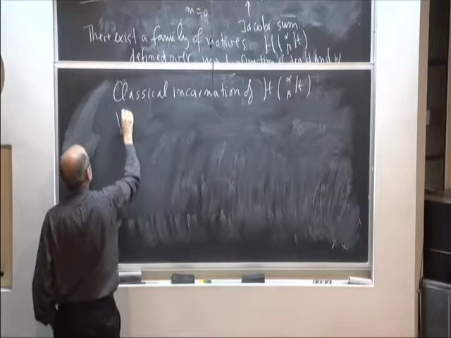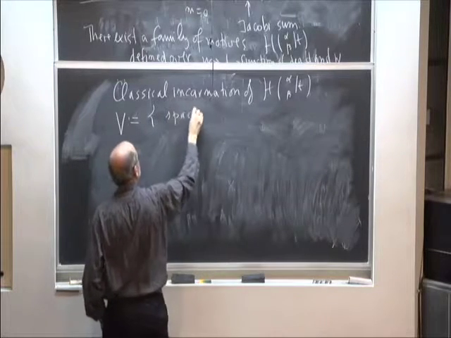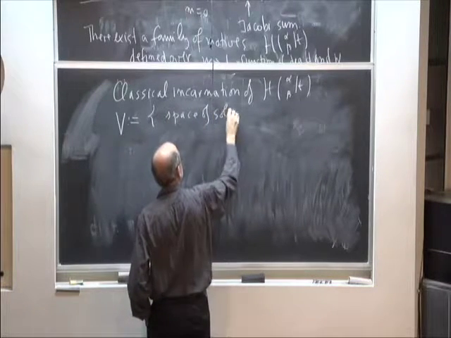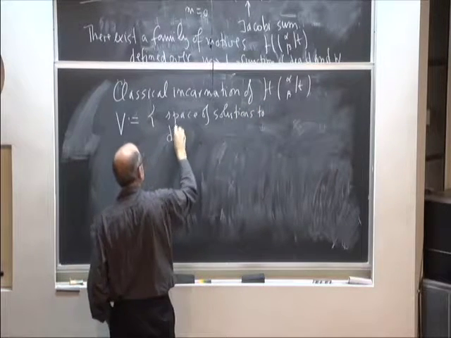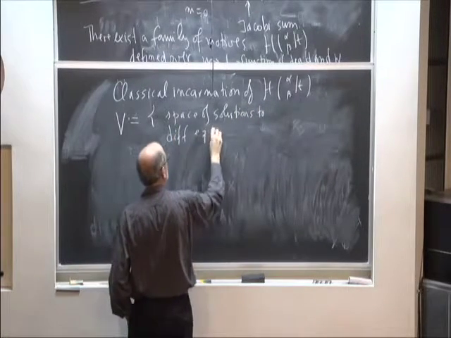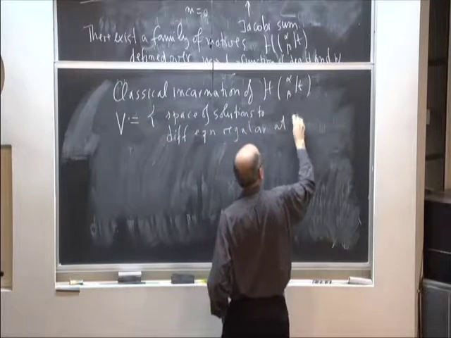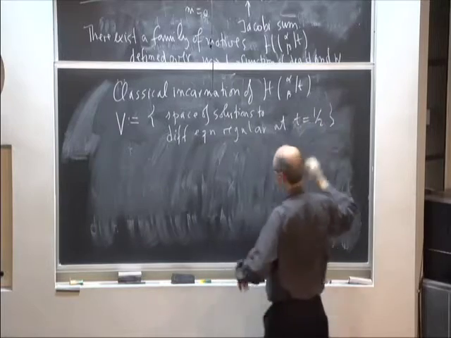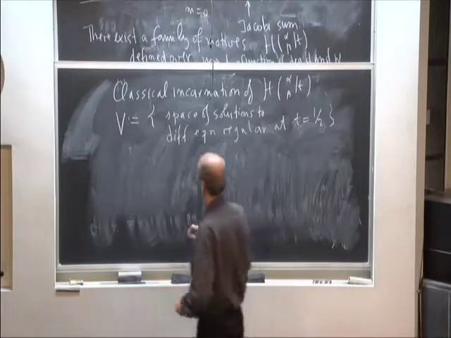Well, we take V to be the space of solutions to the differential equation that are regular, so holomorphic, say at some point that is not 0, 1, or infinity, which are where this differential equation has singularities. So that's a space of dimension D.